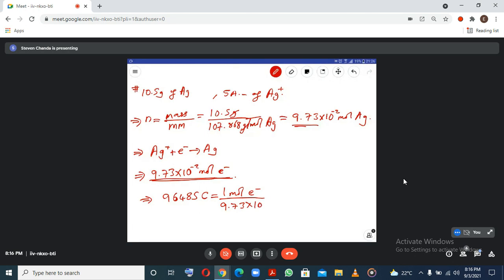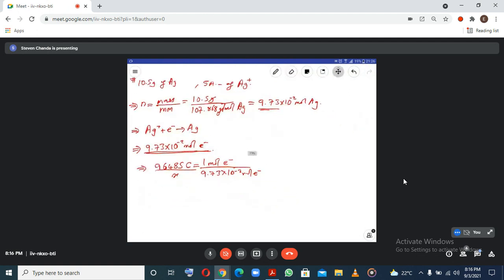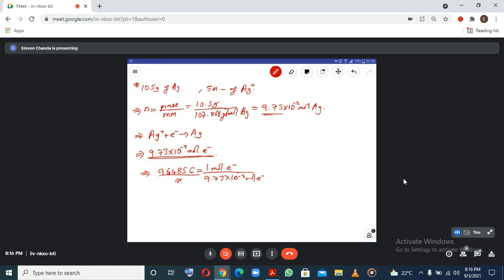What coulomb of charge will they produce? Okay, so we have that equation. So once you do that, you say x over 96,485 coulombs.